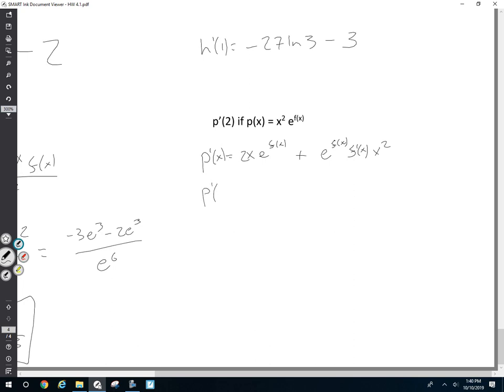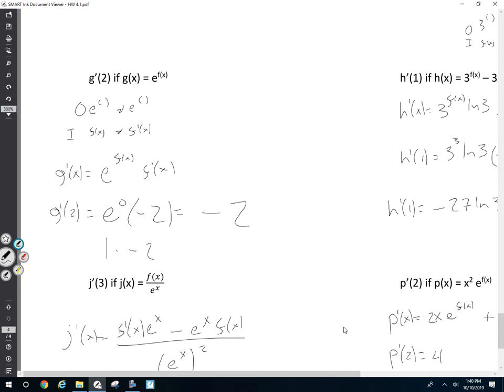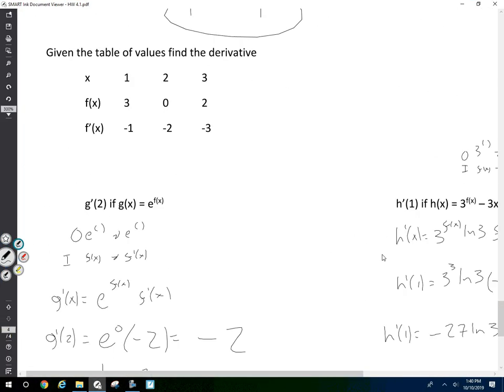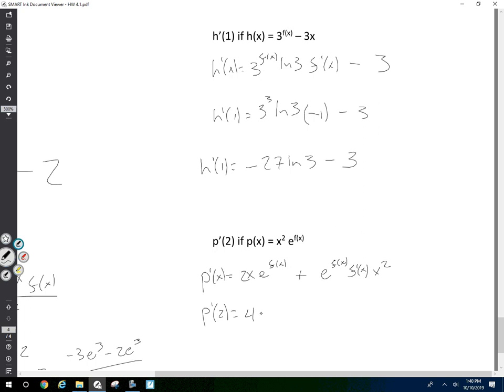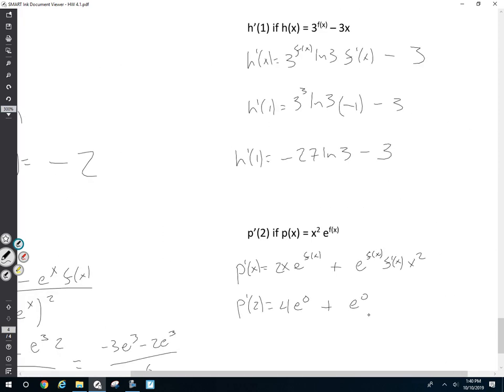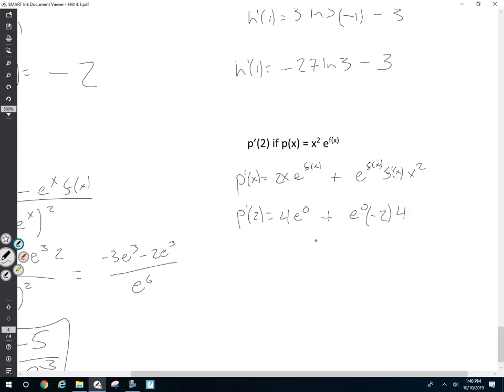Plug in 2. 4 times e to the f of 2. f of 2 is 0. Nice. Again, e to the 0. f prime of 2, negative 2, times 4. This is all being multiplied. 4 plus negative 8, negative 4. Thank you very much.